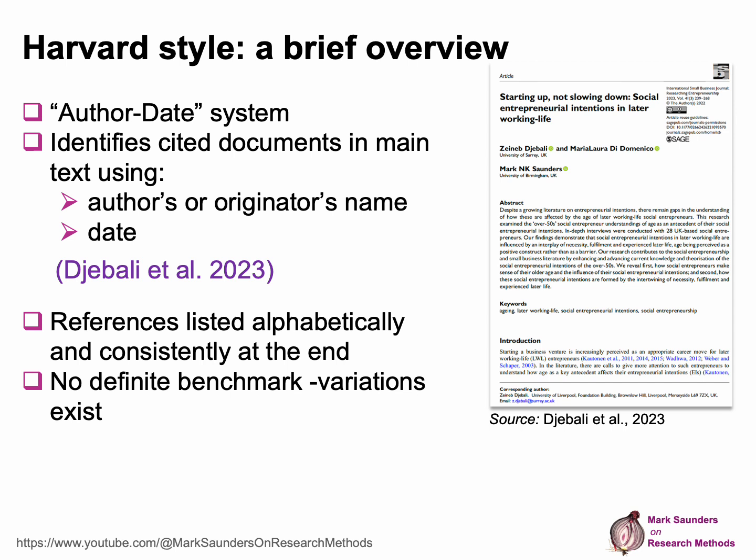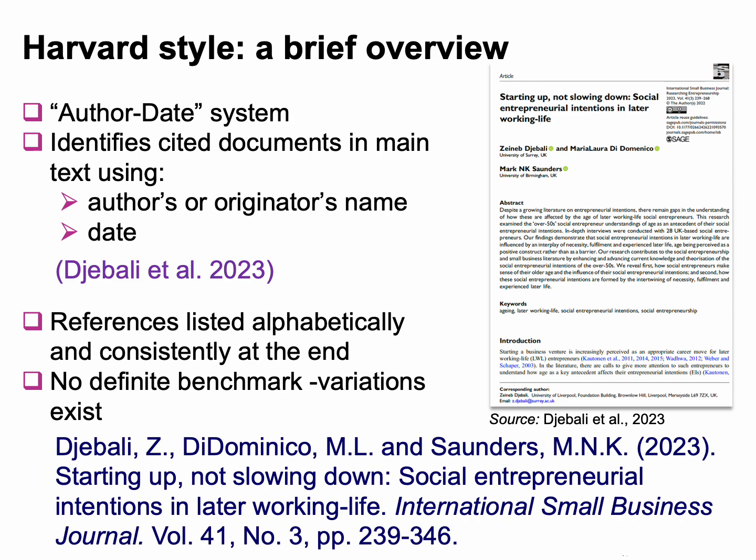However, Harvard referencing does not have a definitive benchmark. In this way, it's unlike the APA style of referencing, and so variations exist. In this video presentation, we're going to be using the variation of Harvard referencing which is in my textbook written with Phil and Adrian, Research Methods for Business Students, and we're going to be using the referencing as listed in Appendix 1.